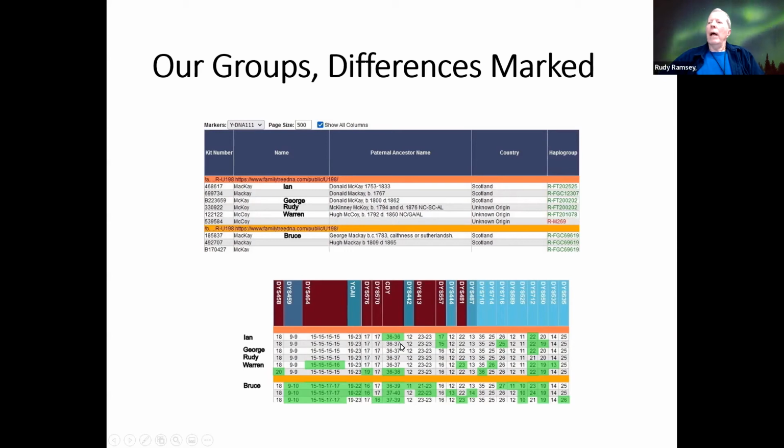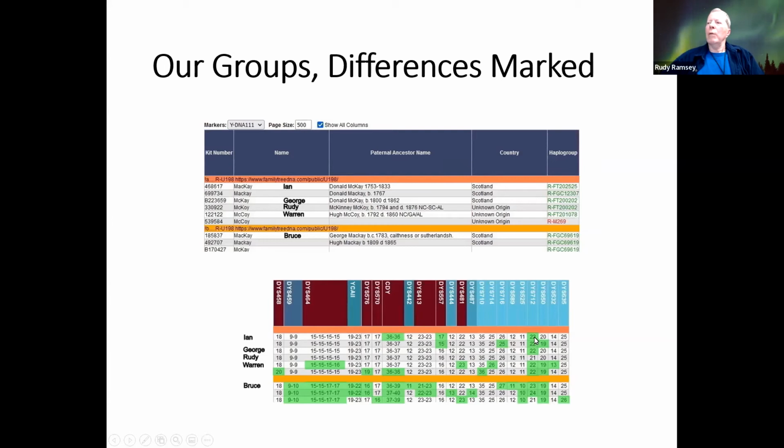Now, Ian has a few differences from my line. Here's 1, 36 to 37. Here are 2. Actually, he has 4 differences. Well, they count this apparently as a genetic difference of, oh, I'm sorry. My line is 16. It is 1. So he's off by 1 here, 36 to 37. He's off by 1 here, 17 to, here's my line, 16.